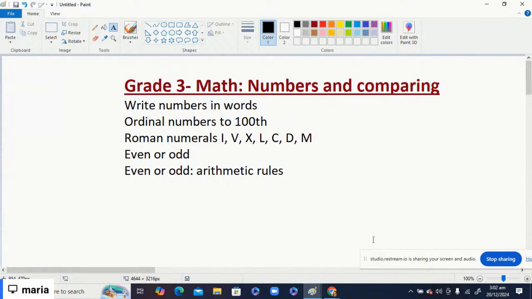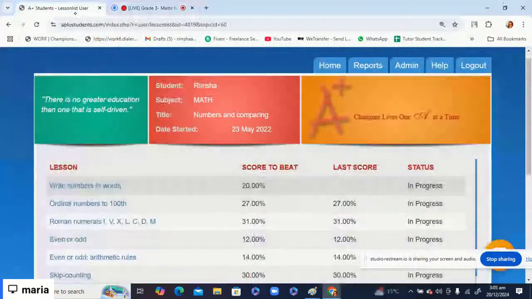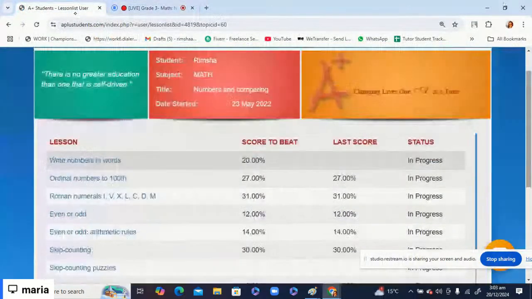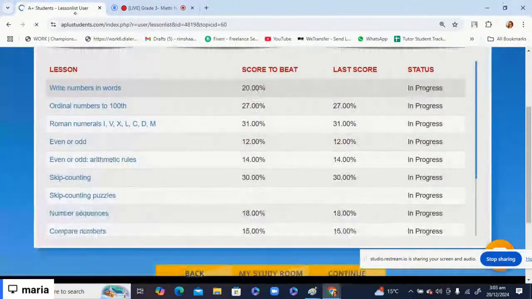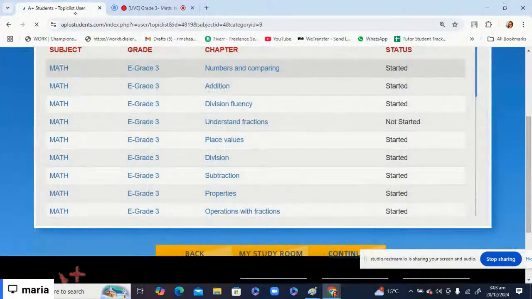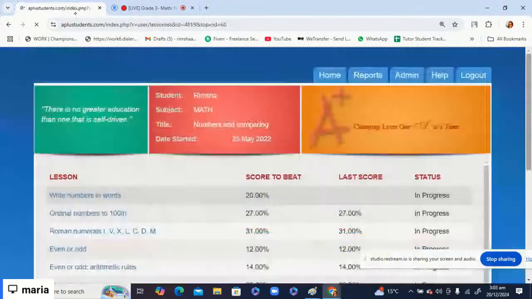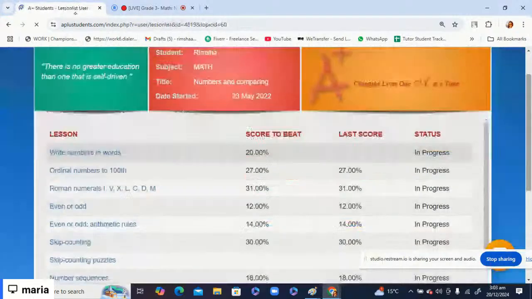Go to the subject tab, select maths from there, scroll down to grade 3, and here is the list of the chapters. So we are on the very first chapter, that is numbers and comparing. So let's get started. Continue and move to the very first lesson, that is write number in words.